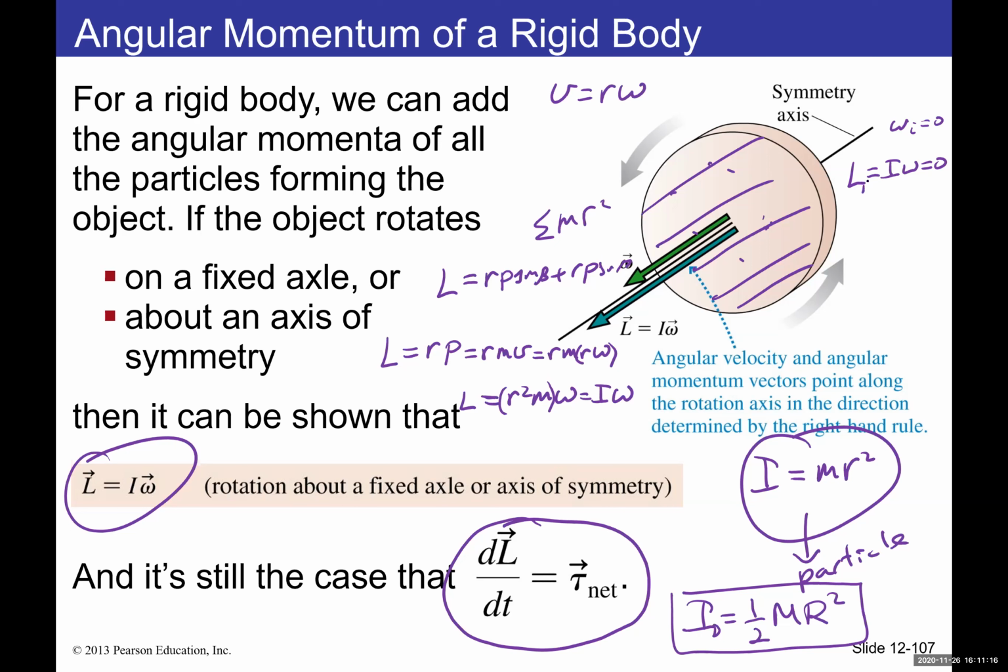What do we do to change the angular momentum? Well, give it a torque. If I give it a torque, it's going to start rotating. Then final angular momentum is I times omega final, and omega final is no longer zero. So now I have angular momentum. That means the change in angular momentum as a function of time is the net torque.